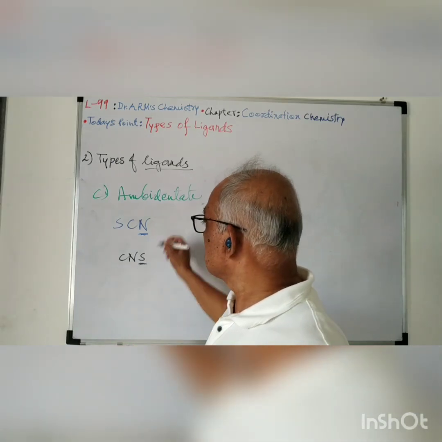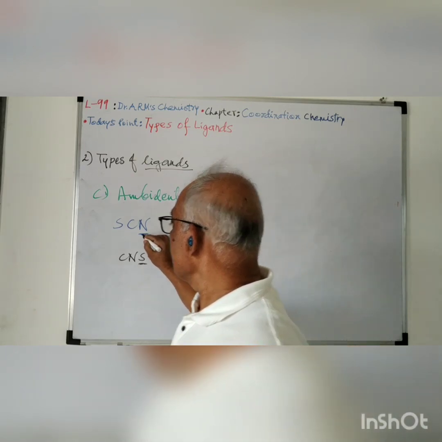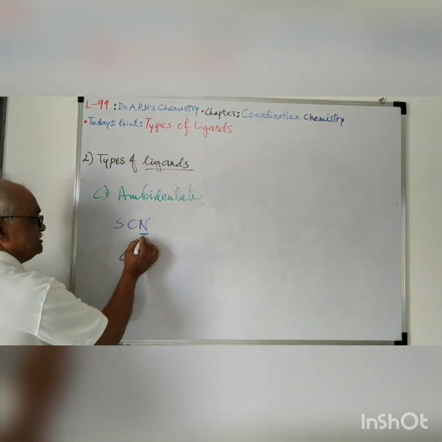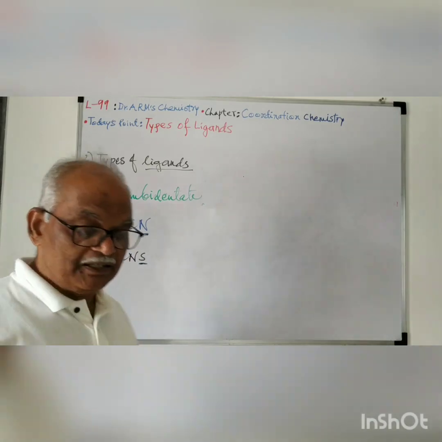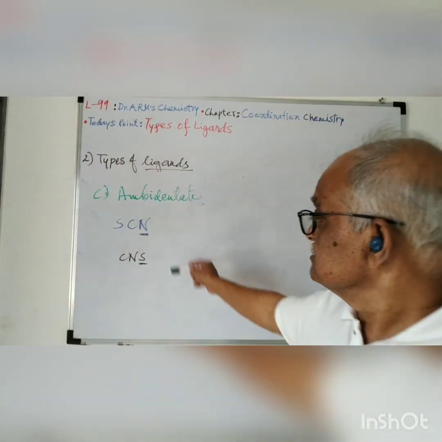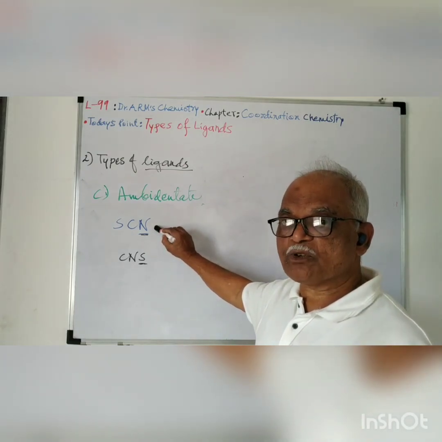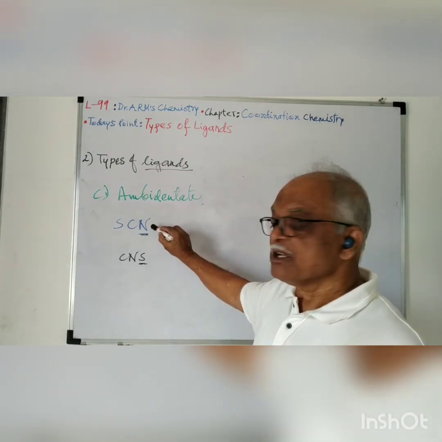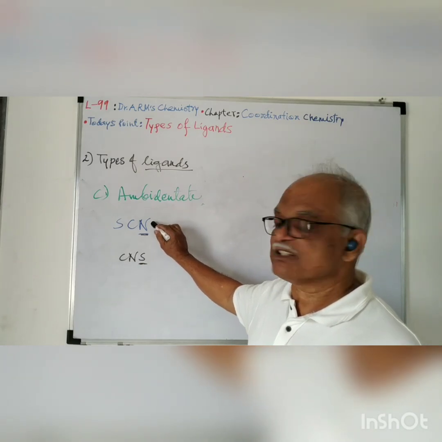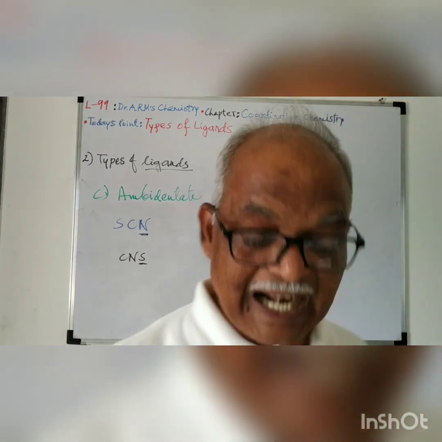Because of this, they are called ambidentate ligands. And when there is such a type of point of attachment, we have to indicate it when the ligand is forming a covalent coordinate bond with the metal ion, and while naming the species we have to point out which is the point of attachment.